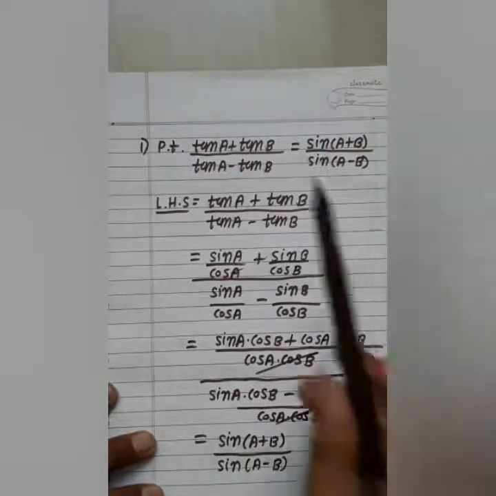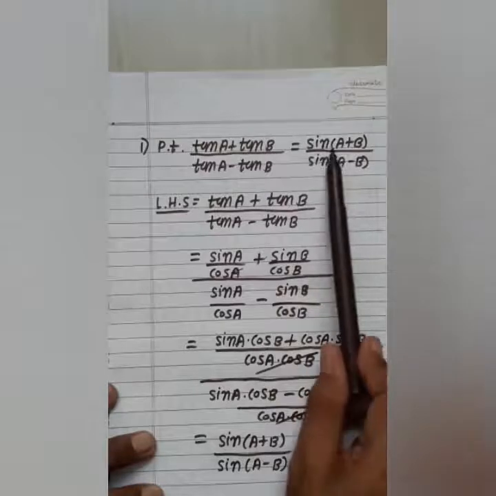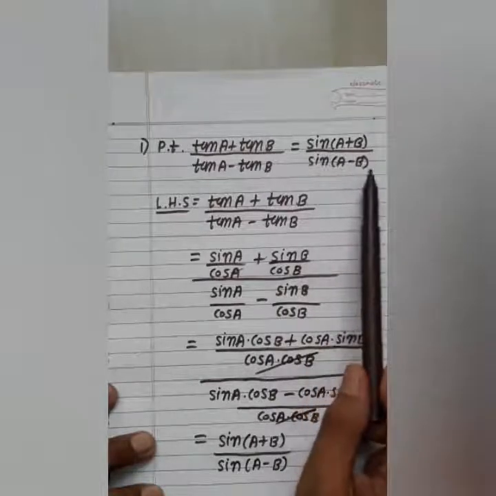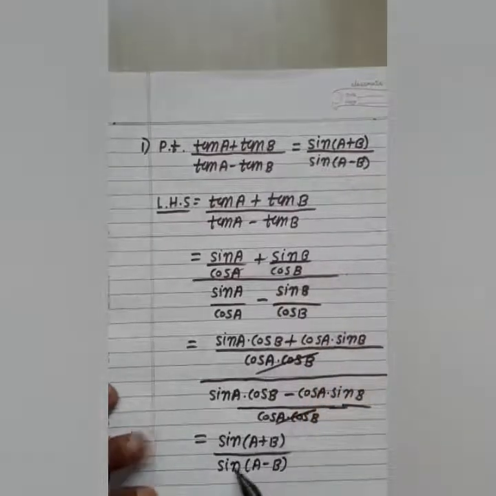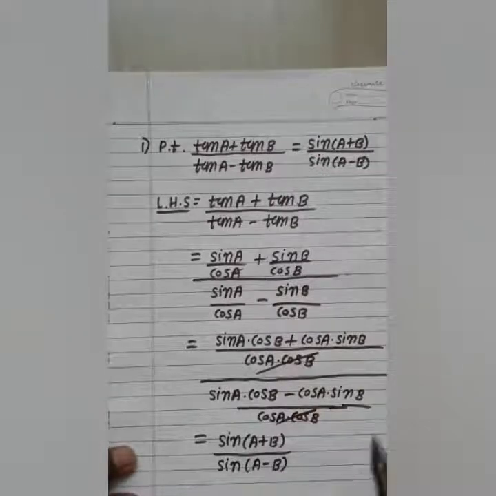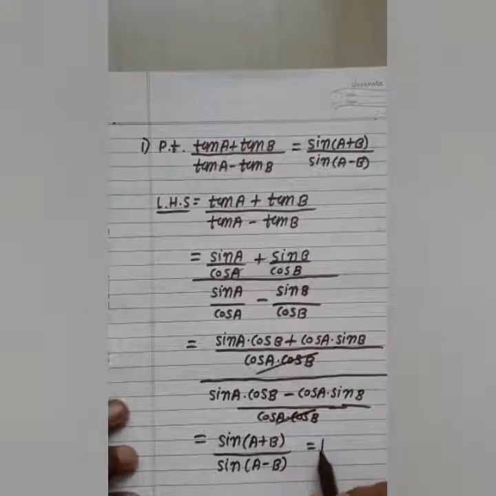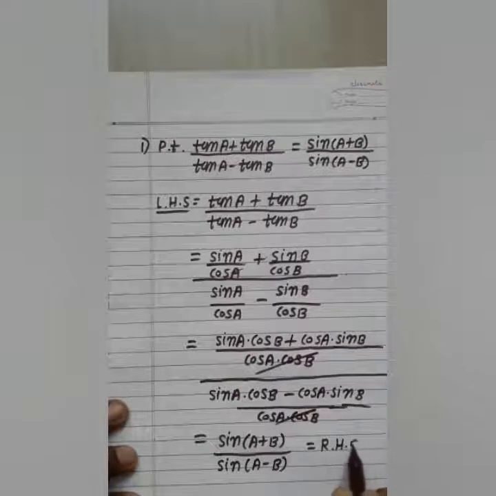So our proof is the RHS side, sin(A+B) upon sin(A-B). So we get sin(A+B) upon sin(A-B) is equal to the RHS.